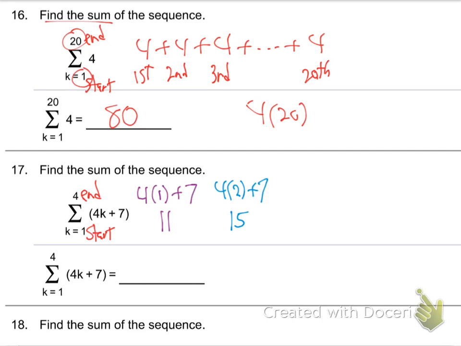I'm just taking that formula. You start at 1, you plug in 1, plug in 2, plug in 3, plug in 4. Plug in 3, 19. Plug in 4, 23.